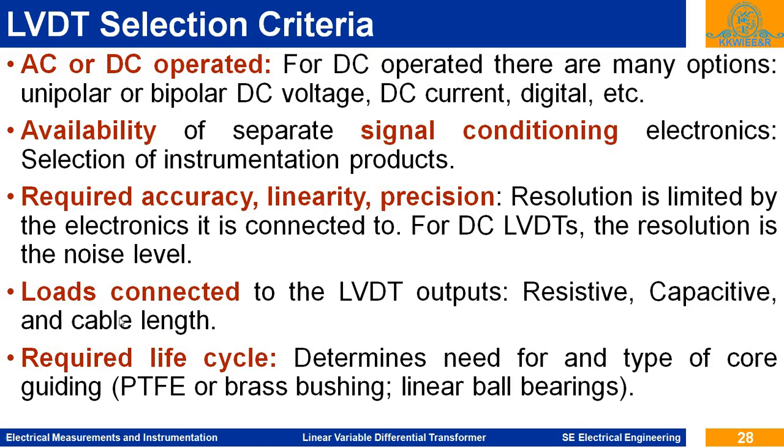Then load connected to the LVDT outputs, whether resistive or capacitive, and you must specify the cable length, because of this loading, what kind of output you are going to connect to the LVDT. There must be impedance matching of the output and input, so that there is no voltage drop at the output terminals of the LVDT.